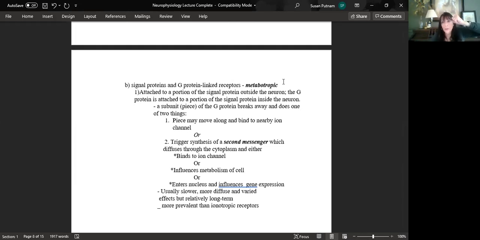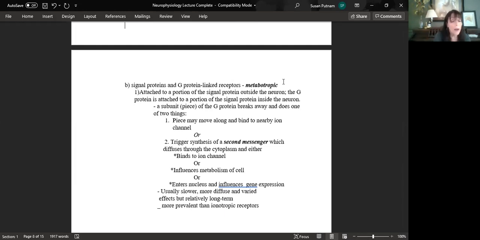Neuron from which the neurotransmitter molecule comes, neuron that is postsynaptic that's going to be activated, the neurotransmitter molecule going that way. That piece might move along and bind to a nearby ion channel. Oh, wow. Just think about that.